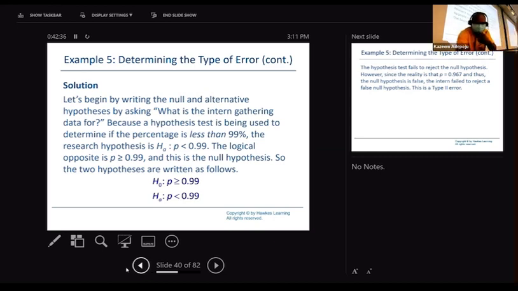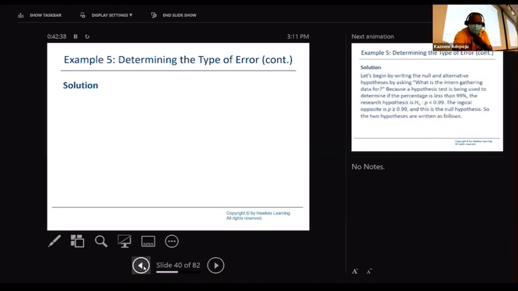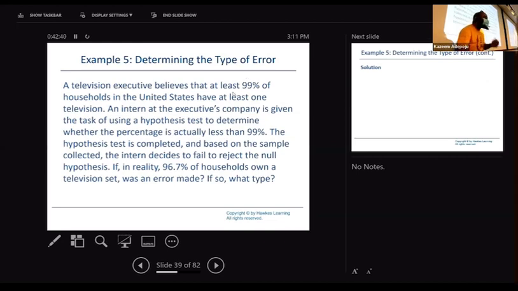Now, how do I know that this is going to be in the null? Because in the statement they mention at least. How can I interpret at least? That's a greater or equal to. So if the statement had said otherwise, like more than 99%, now tell me, more than.